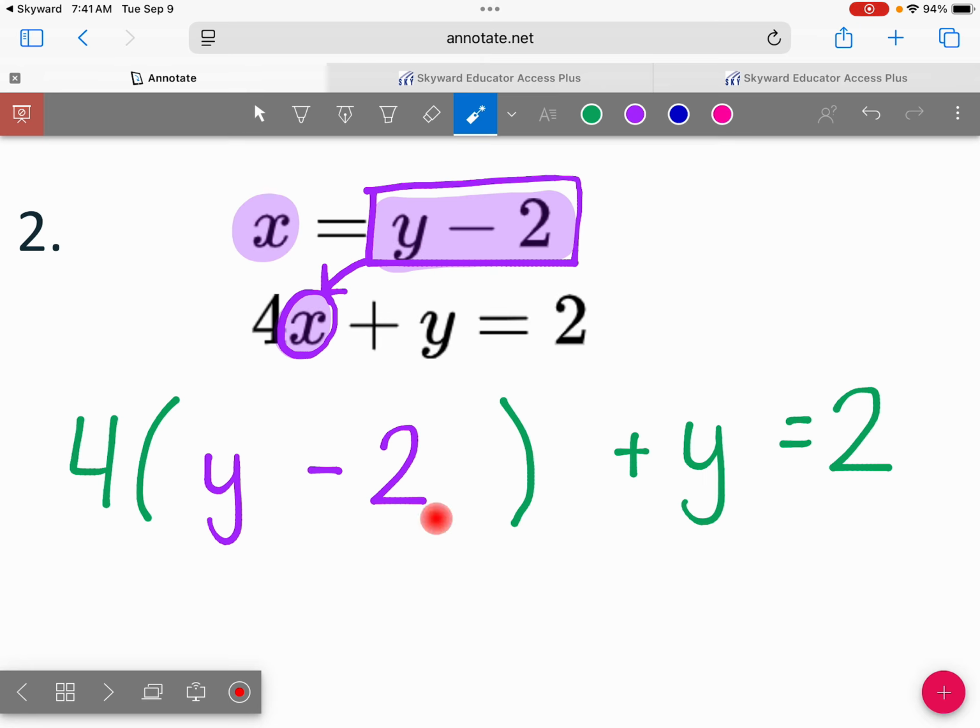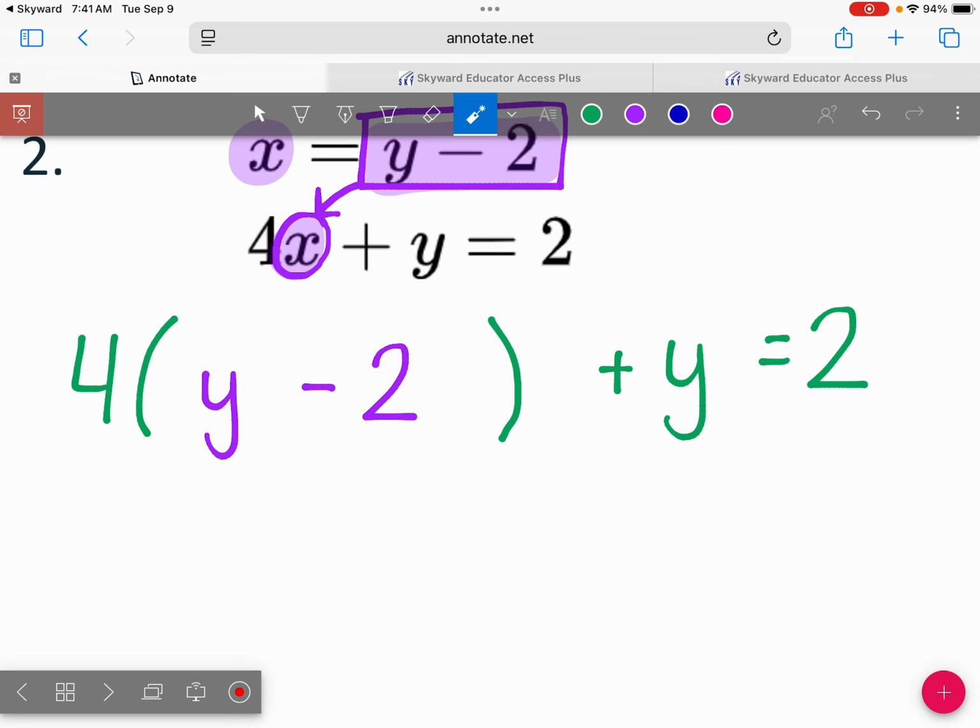Now this one only has y's in it, so we're going to be able to solve it. When we substitute this in, if it still has 2 letters, we did not substitute correctly, or we did not have an x equals or a y equals. We have to have one of those to do this. If this has more than 1 letter, something went wrong.